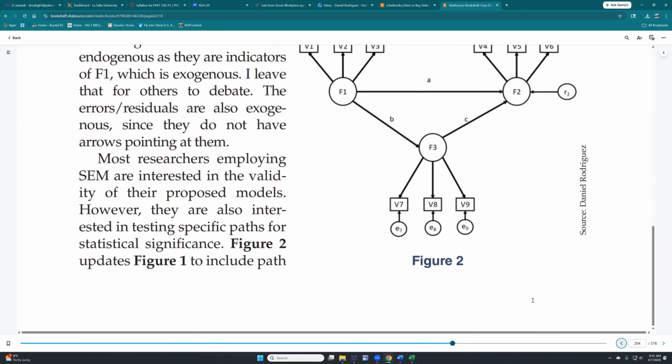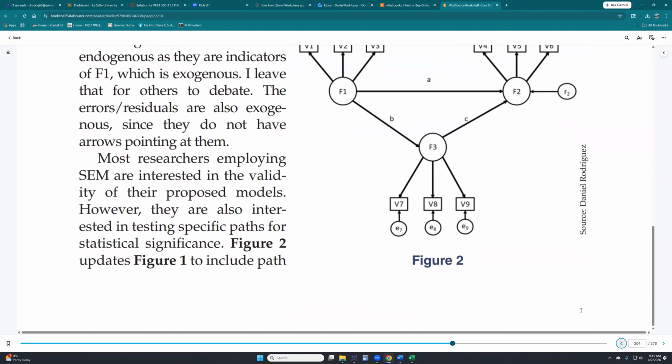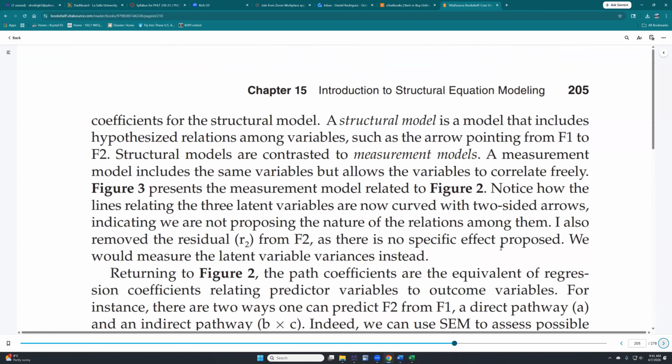The measurement model, and we're going to get into model fit in a second, will fit the data far better than the structural model because we're not imposing any great restrictions. We're just saying, hey, there's three factors here and they're just correlated, which is probably likely to occur because we just designed this measure. But in this case, we're imposing very strict restrictions here. So this isn't going to fit the data. We'll talk about that in a second as well.